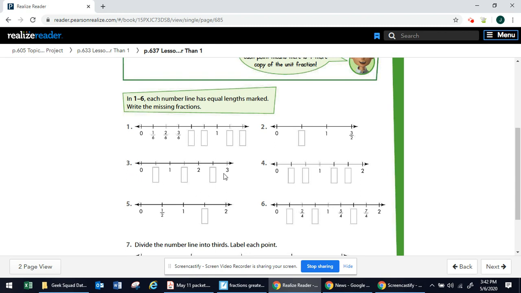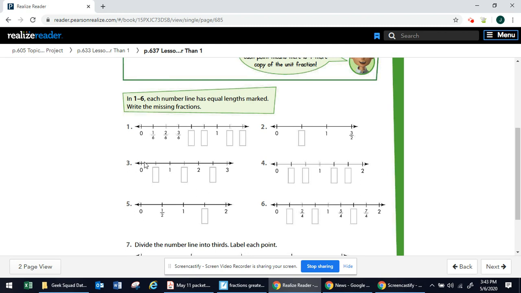Look at number 3. You have from 0 to 1 is 1 whole. 1 to 2 is representing 2 wholes now. And from 2 to 3, so there's 3 wholes here. There is no clue as to what the denominator is. You have to figure out the denominator by counting the spaces between 0 and 1.